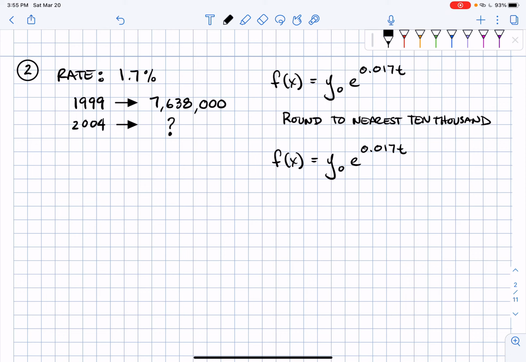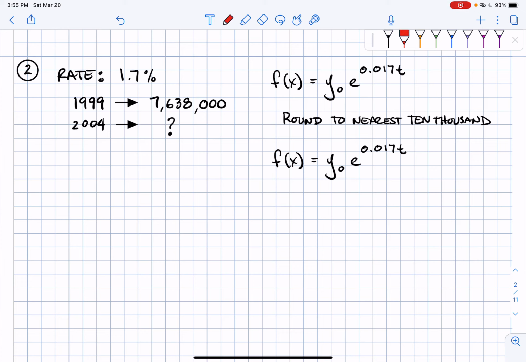They even give you the equation f of x equals y naught times e raised to the power of 0.017t. So the question is, what's that 0.017? Well, that is the decimal value for 1.7%.